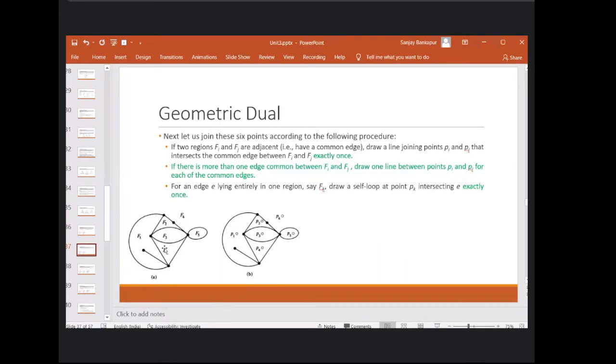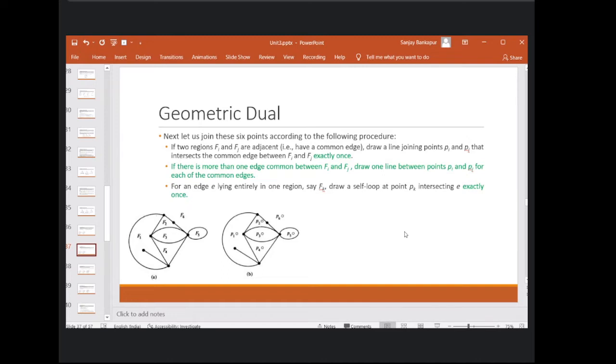Definitely F3 and F4 are adjacent. F3 and F2 are adjacent. But F1 and F6? No other answer? The answer is yes. F1 and F6 are adjacent. Why?